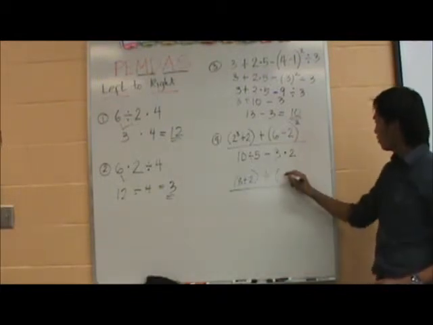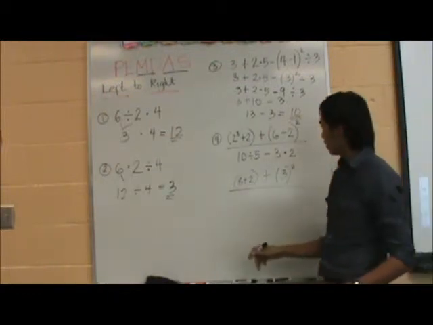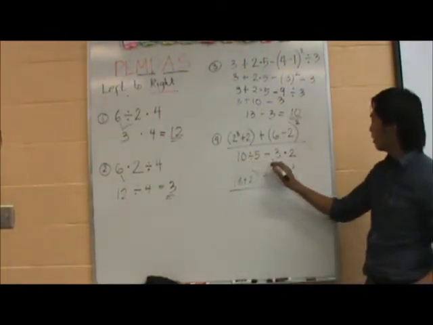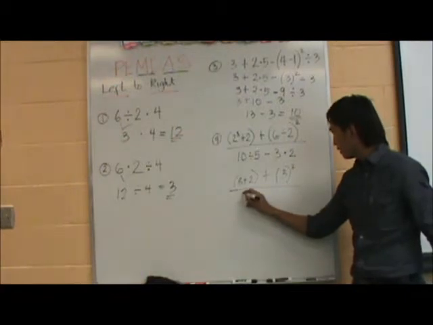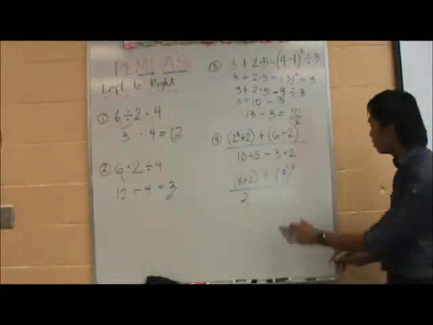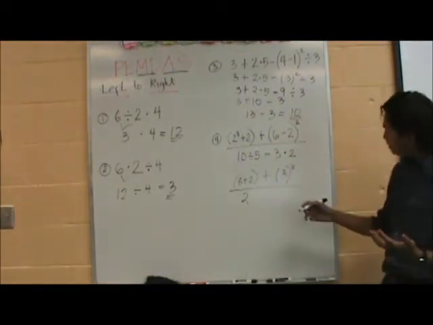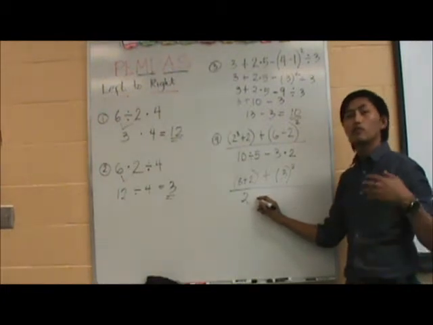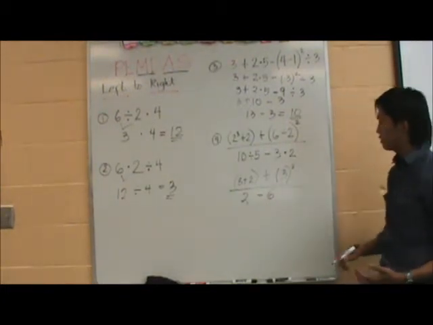6 divided by 2 will give you 3 to the 2nd power. Now, this time we are going to do 10 and 5. 10 divided by 5 will give you 2. And then here we go again, we've got minus 3, or I can say negative 3. So negative 3 times 2 gives you negative 6.